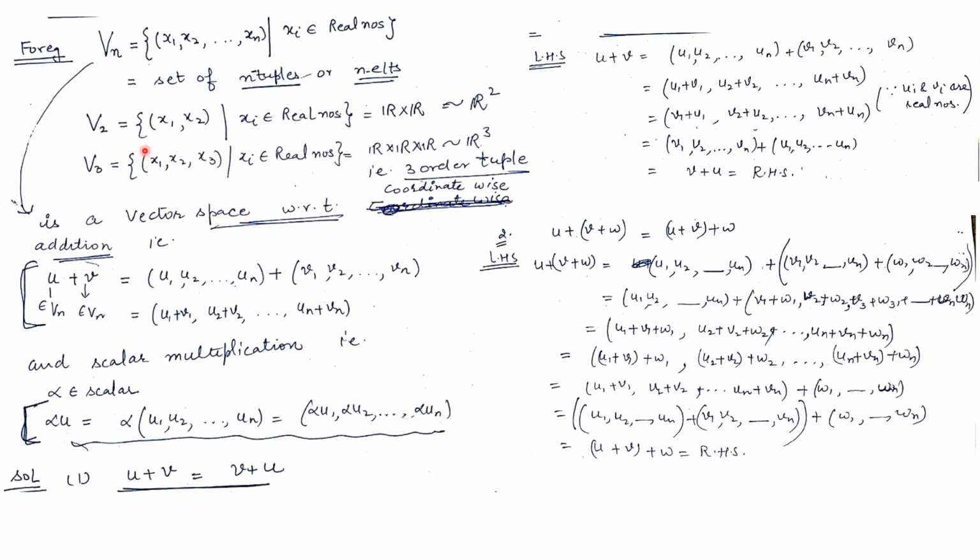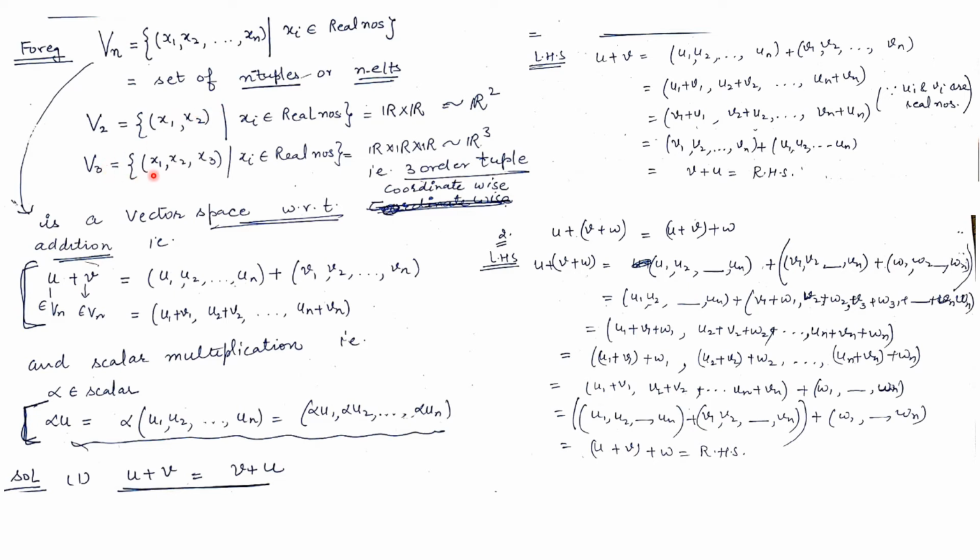For example, let's suppose Vn. Now what this Vn means, this Vn means we have a set of n tuples, n elements, x1, x2, x3 and so on up to xn. This Vn, n represent there are n elements, right? For example, V2, V2 means R square, it is having 2 ordered pair elements.